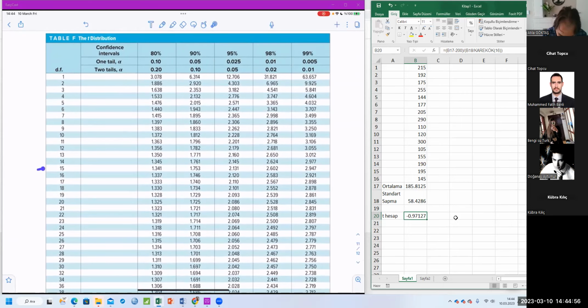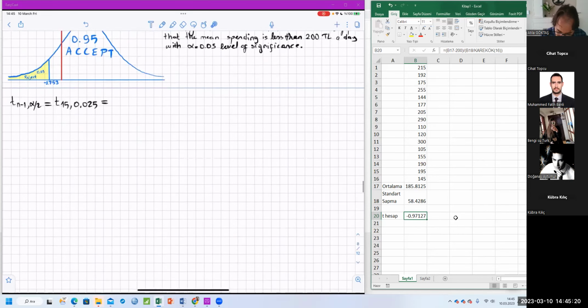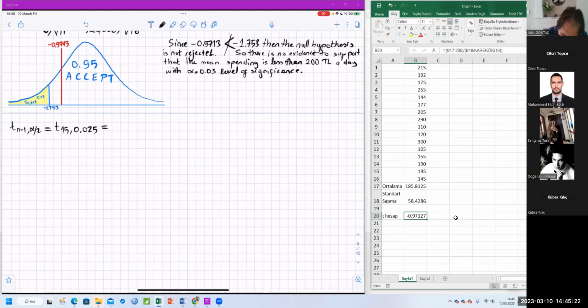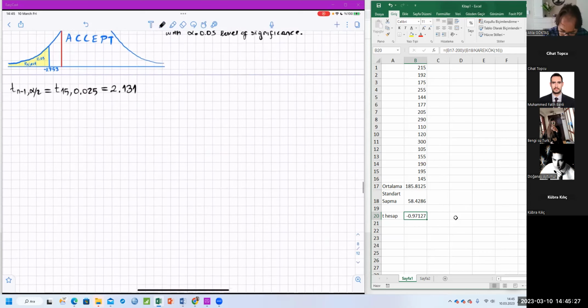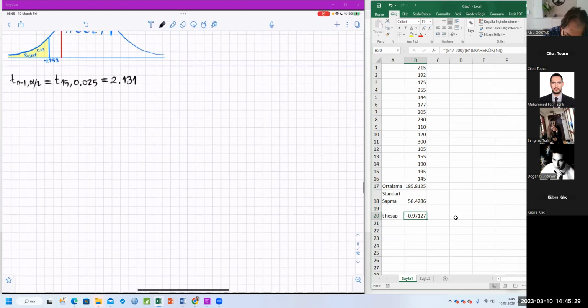I'll pick up from row 15 and go straight down for 0.025, or the 95% confidence interval. You see 2.131. So the critical value is 2.131.